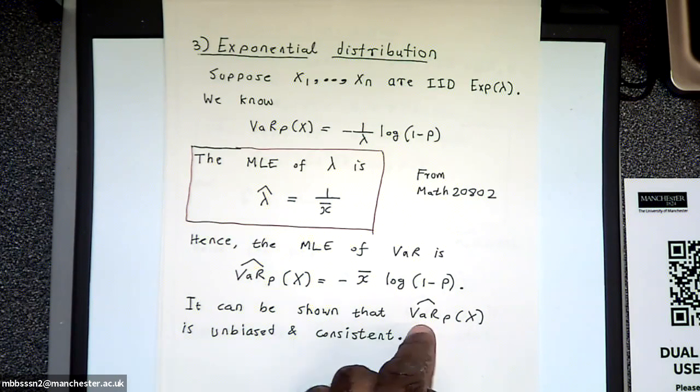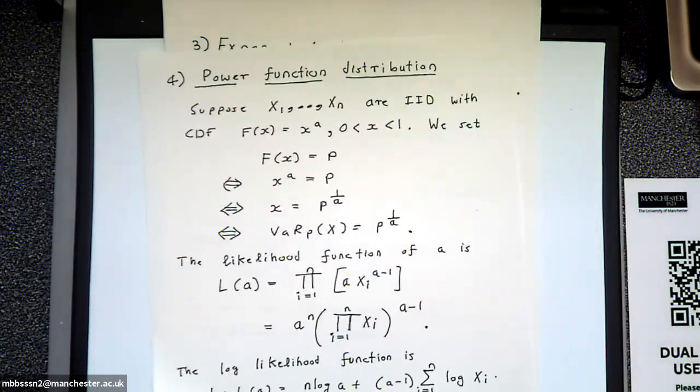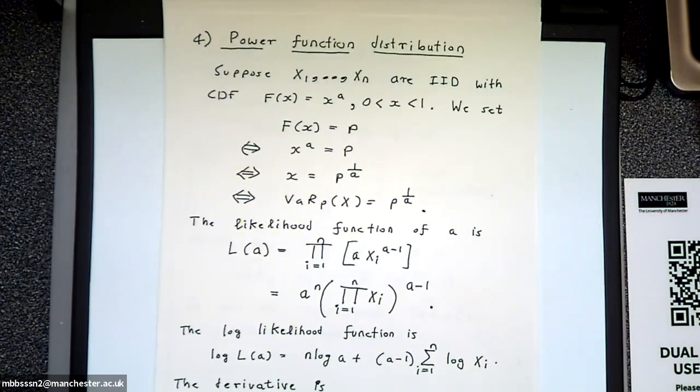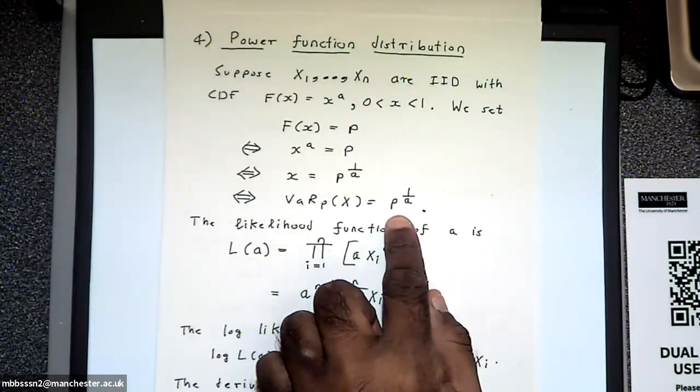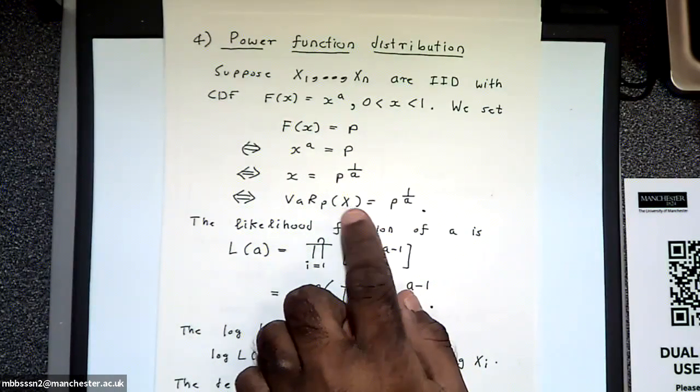And it can be shown that this is unbiased and consistent. That's the third parametric method. Guys, if you have any questions, those of you on Zoom, please use the chat room as usual, right? And the fourth parametric method assumes that the losses are IID from this CDF. And for this, the VaR is given by this. I think I showed this last week.